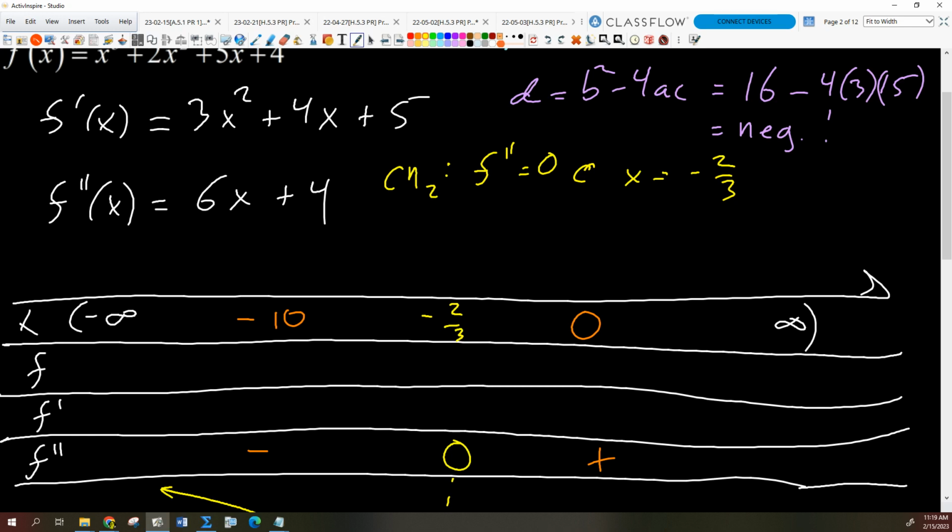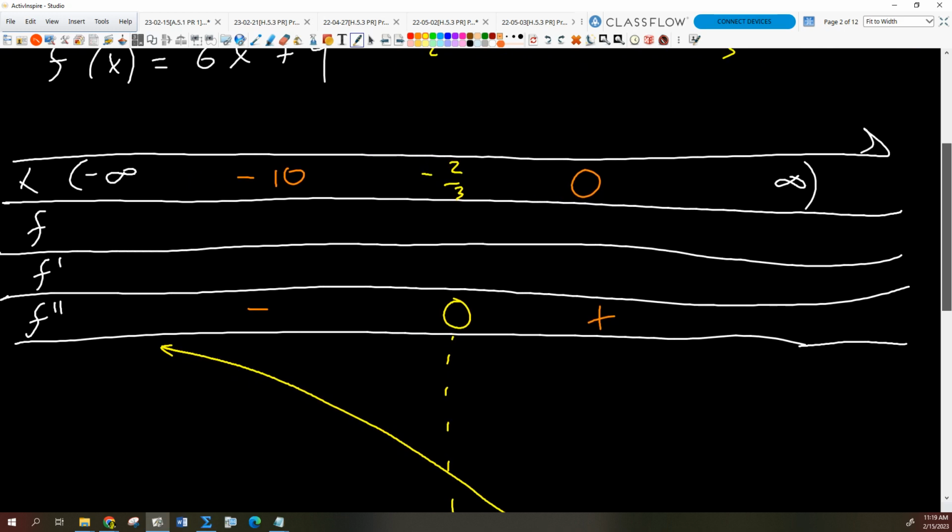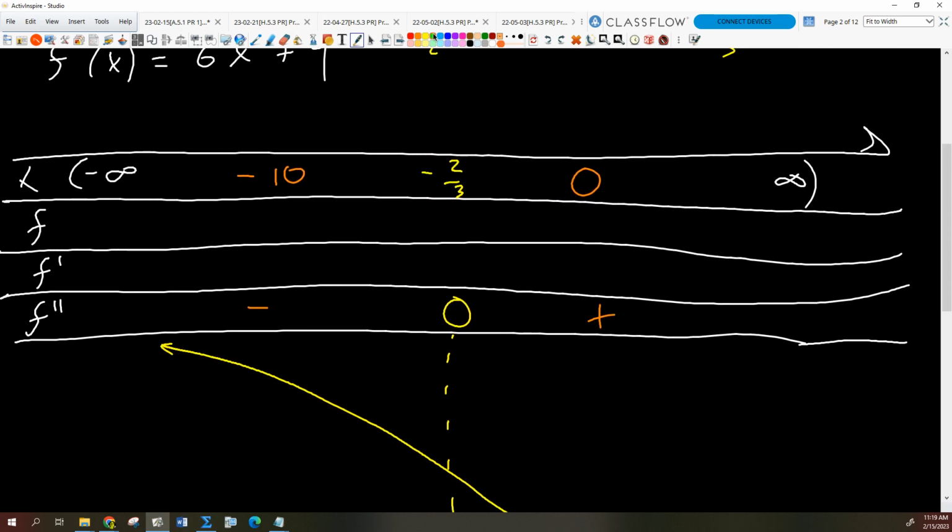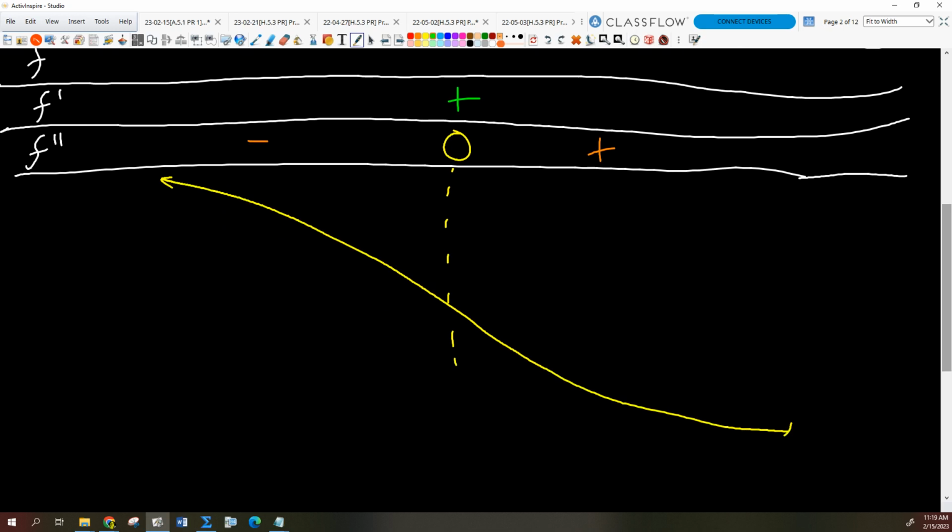So you're right. I got that wrong, didn't I? The slope is positive. So that's not it. It's got to have positive slope. So it should look like this.